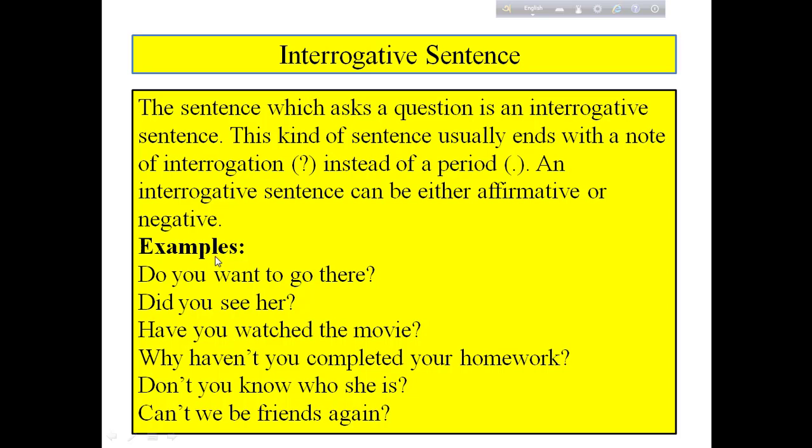For examples, do you want to go there? Did you see her? Have you watched the movie? Why haven't you completed your homework? Don't you know who she is? Can't we be friends again?